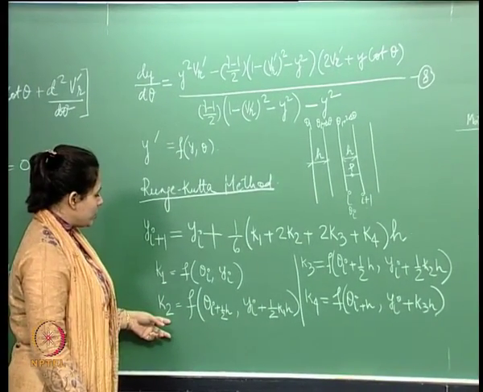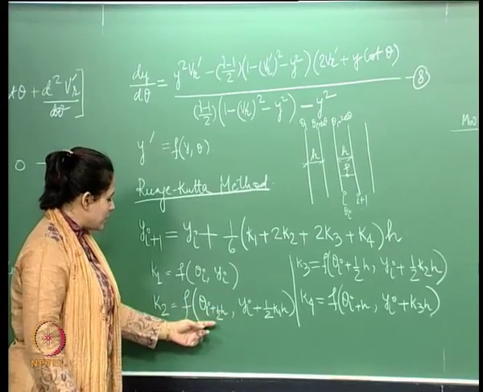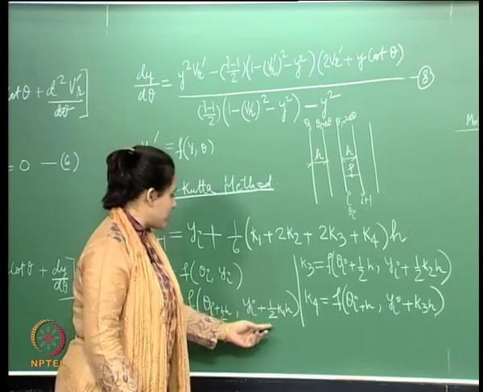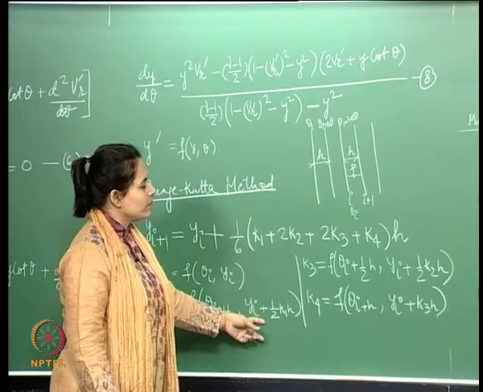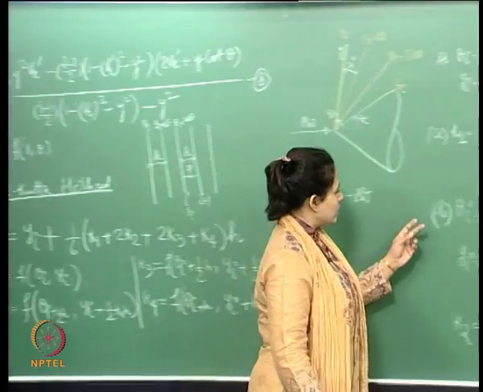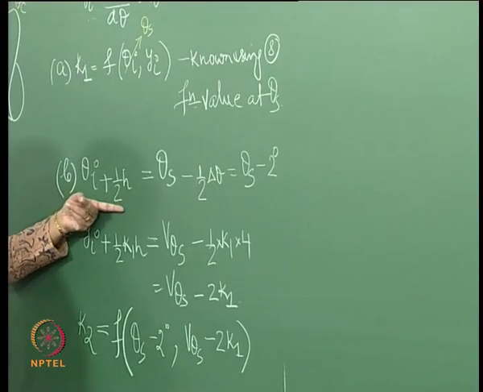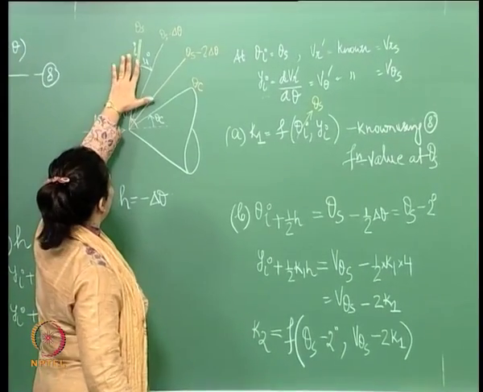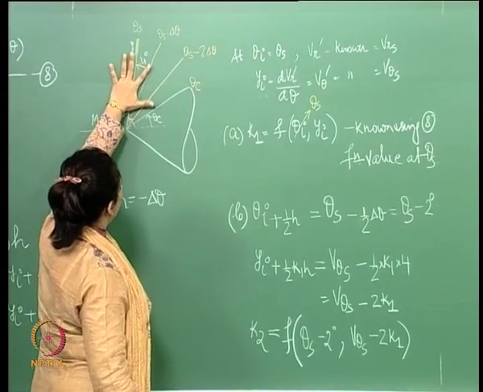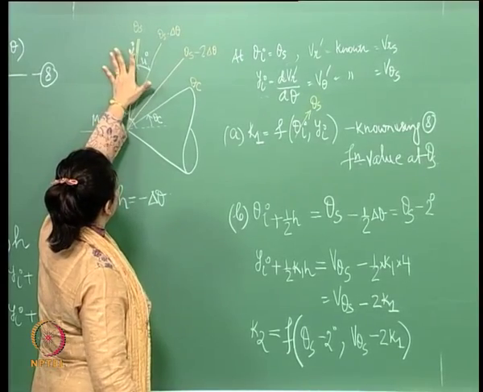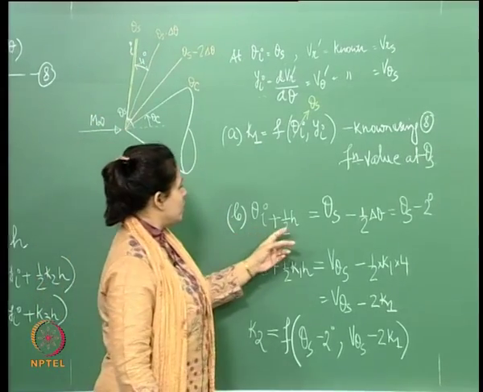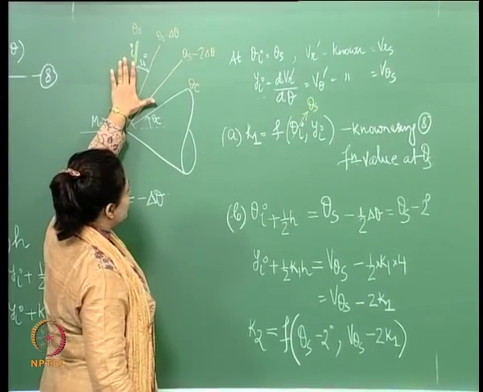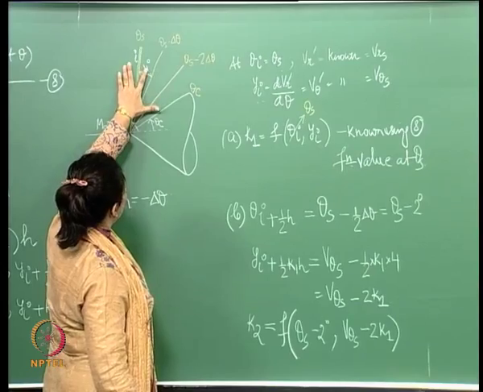For this, what we need to do is locate the theta, which is this, and also calculate the corresponding y, which is this, right. Now theta i plus half h, in this particular case, is minus half of h, which is minus half of delta theta. So theta i is theta s minus half of delta theta.